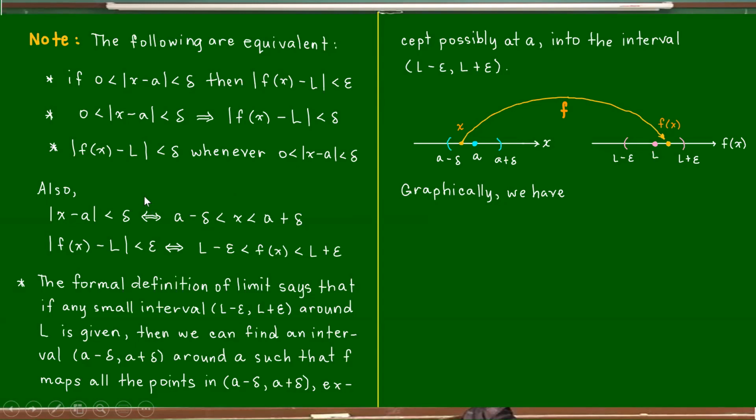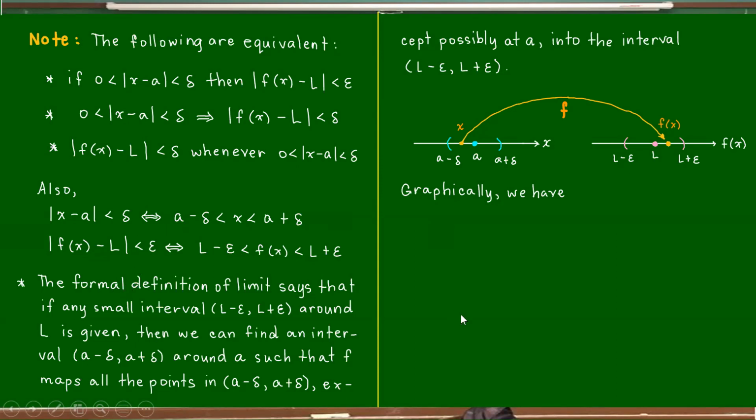When you solve for x, you will come up with this. And what does this mean? The absolute value of f of x minus L is less than epsilon. That is equivalent to L minus epsilon being less than f of x, which is less than L plus epsilon. Okay, guys? So they are just the same.